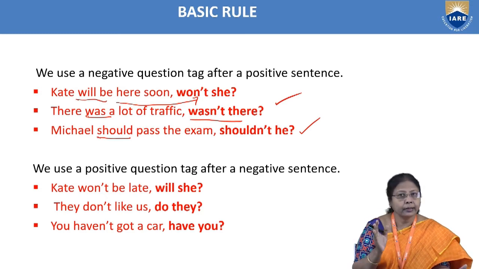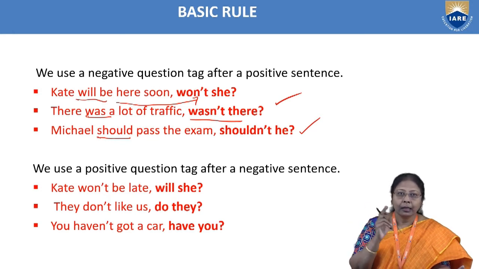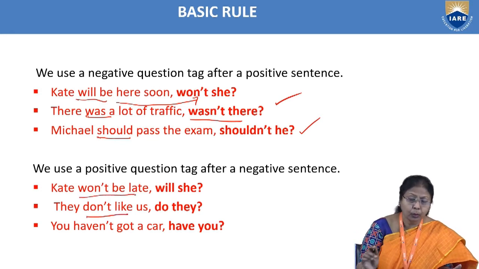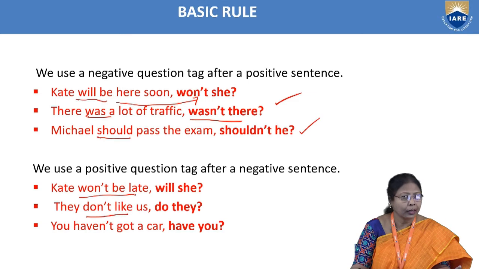Kate won't be late. Won't comes under negative form, so the sentence is in negative form. Will she? Next one is, they don't like us. They do not like us, do they?